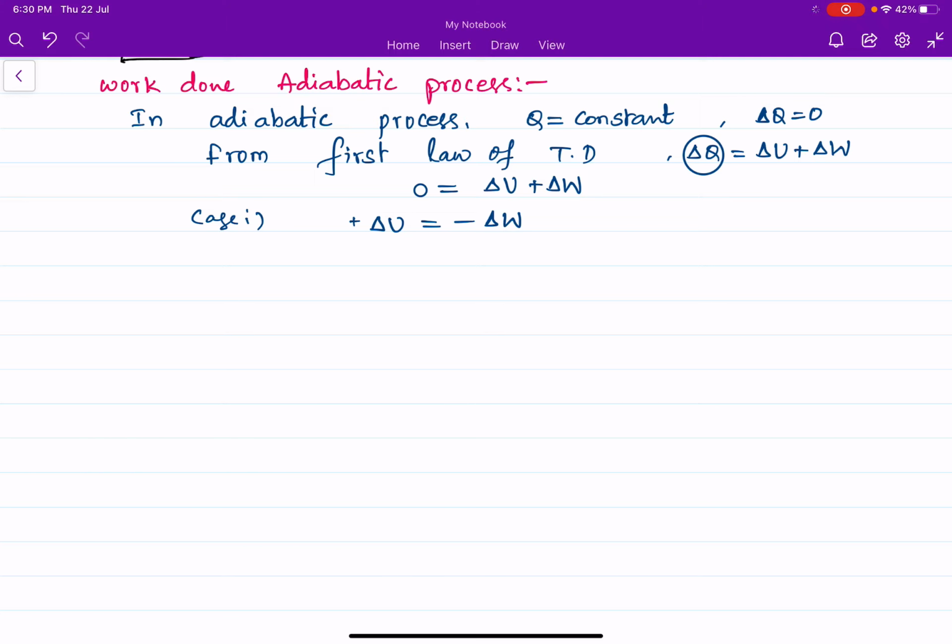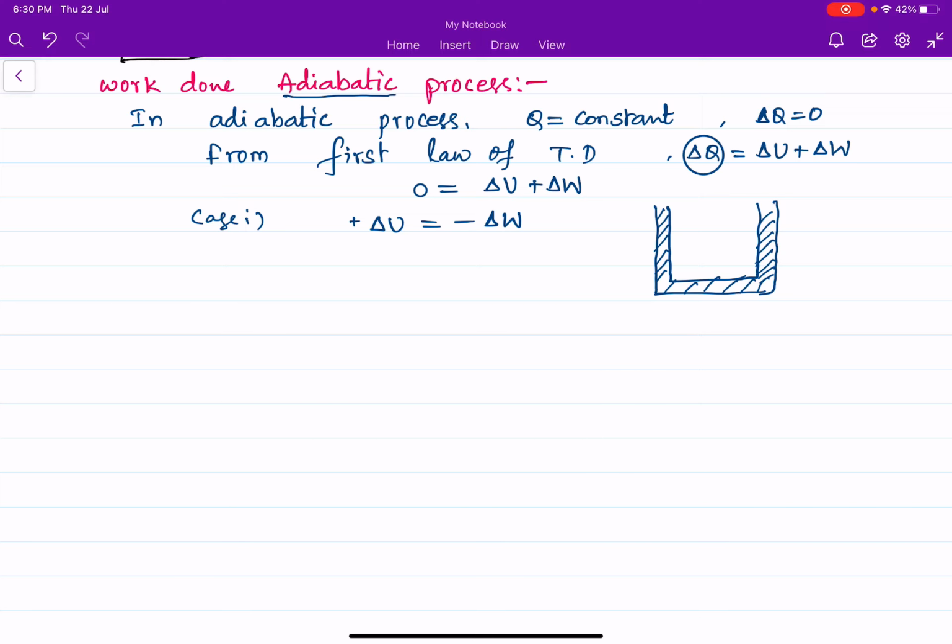I am going to explain this in a simple manner. I am taking a system like this, and this system is made up of adiabatic walls, because here we are going to discuss the adiabatic process. Adiabatic walls means insulating walls which do not allow the flow of heat energy from system to surroundings or surroundings to system.